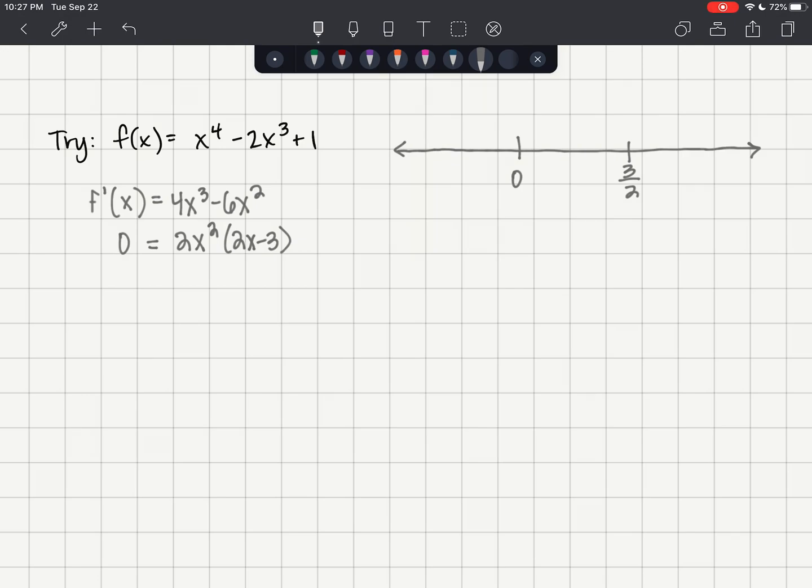Then we're using our second derivative test. I found the second derivative, which is equal to 12x squared minus 12x.